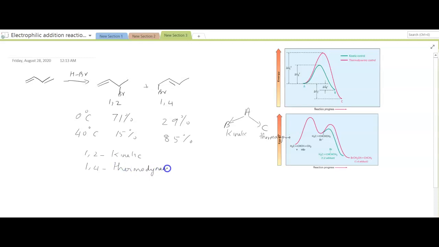Right? This is my thermodynamic product, which is the more stable. So at higher temperature, the thermodynamic product predominates, and at lower temperature, the kinetic product predominates.